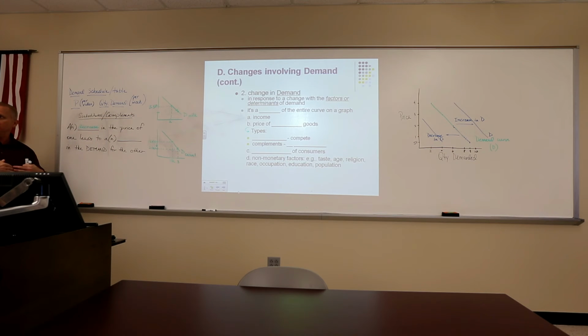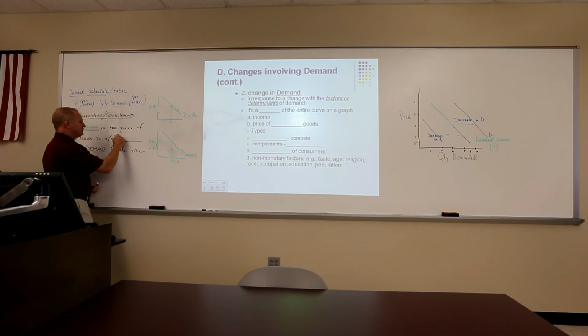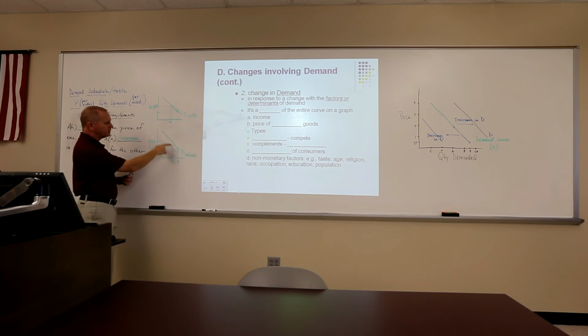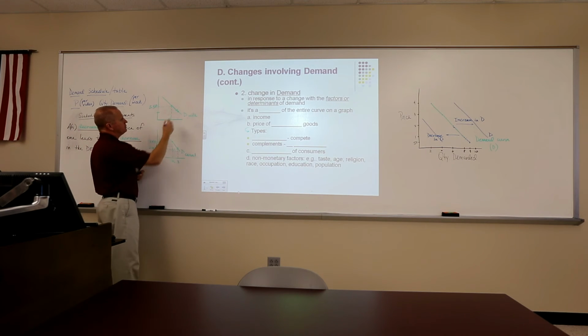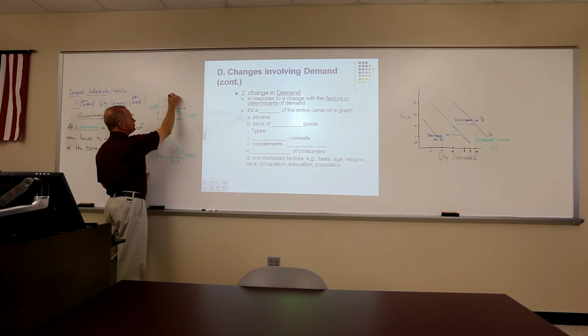So you're going to need more milk, because you bought more boxes of cereal because the price is lower. So when the price of one falls, it's going to lead to an increase in the demand for the other. And this was a movement along the curve, this is going to cause the demand for milk to shift to the right.